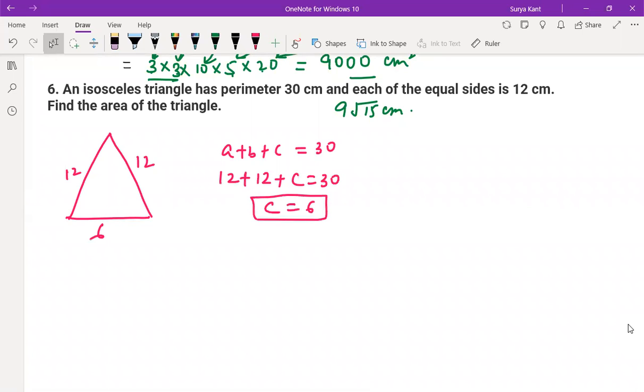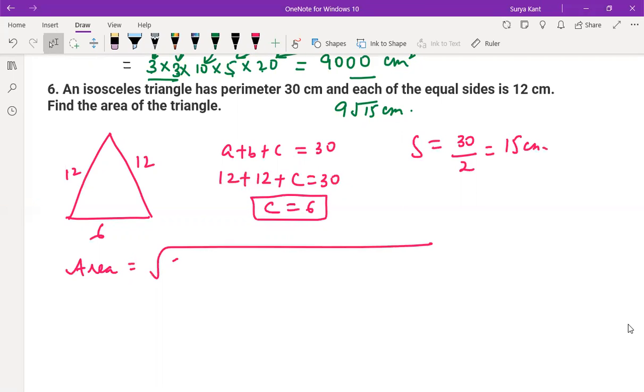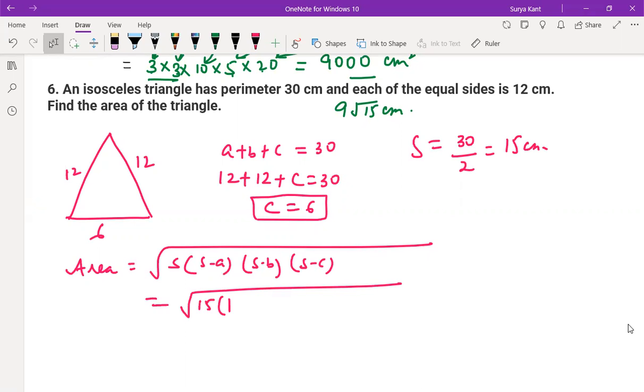Then find the area of triangle. So area of triangle is equal to root over S, S minus A, S minus B, S minus C. You can find S. S is equal to 30 divided by 2, that is 15 centimeter. So root over 15, 15 minus 6, 15 minus 12, 15 minus 12.